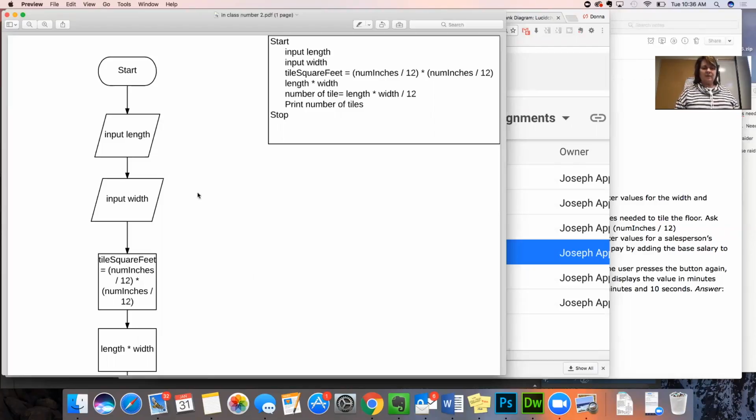That's the only thing they're missing. Input length, input width, and then they should have input number of inches: how many inches are the square tiles? Are they 6-inch tiles? Are they 12-inch tiles? How big are the tiles? That's why they don't have a value for this, because they didn't ask for it here.